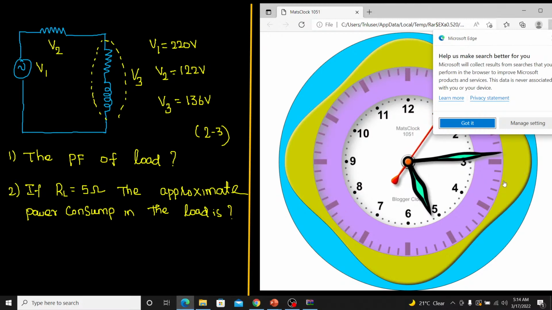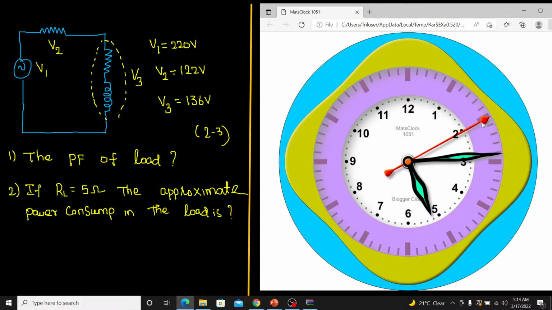I had given extra time also. Power consumption. Okay, fine, no issue.